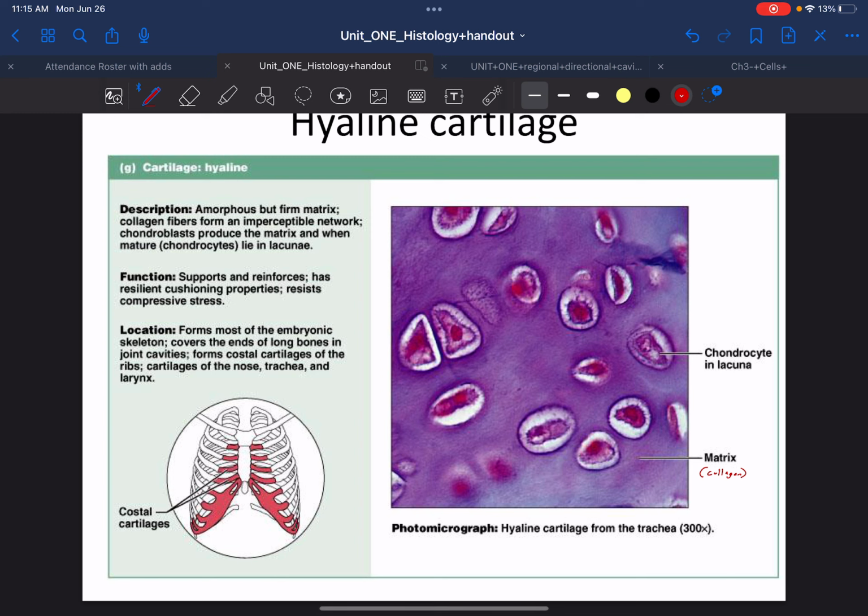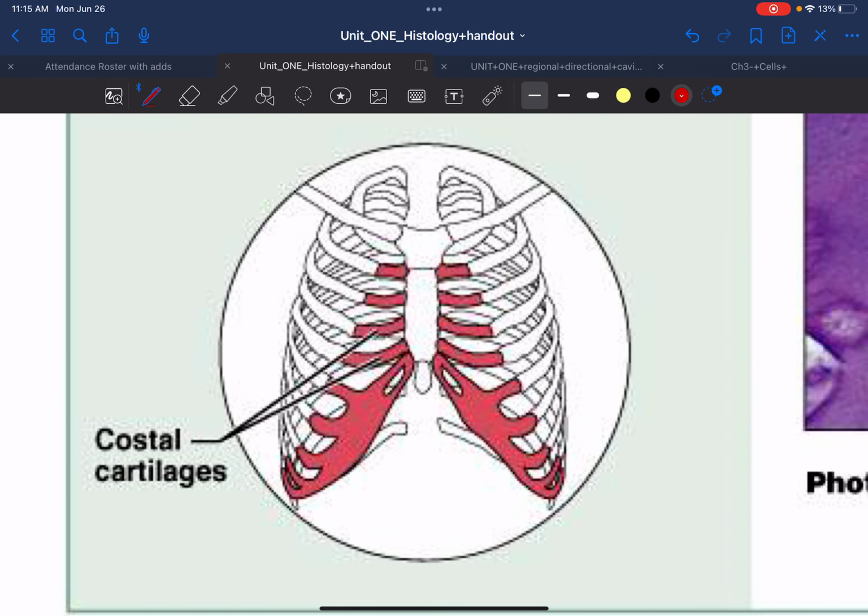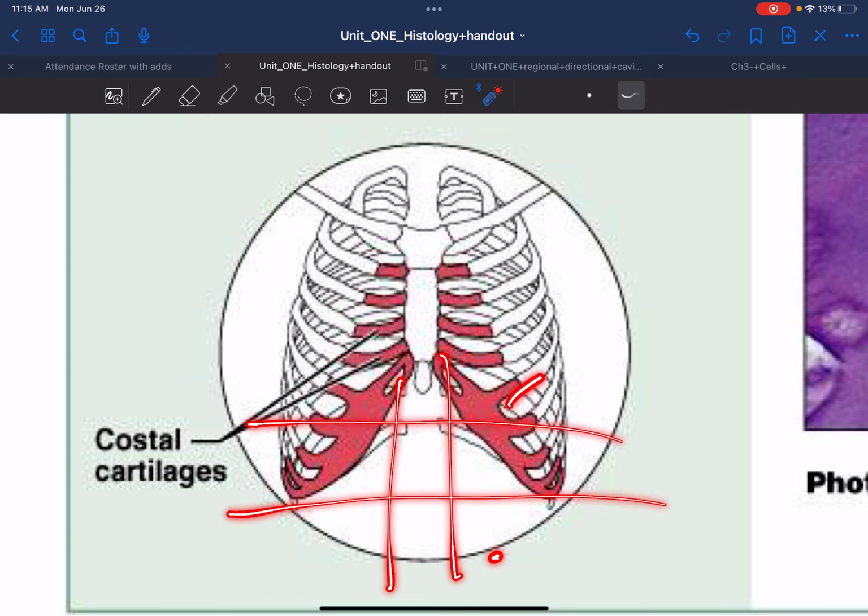And you kind of already know the location for this. We learned about the abdominal regions, right? Our tic-tac-toe board. When we were learning about the abdominal regions, what was the region up top? Hypochondriac, right?